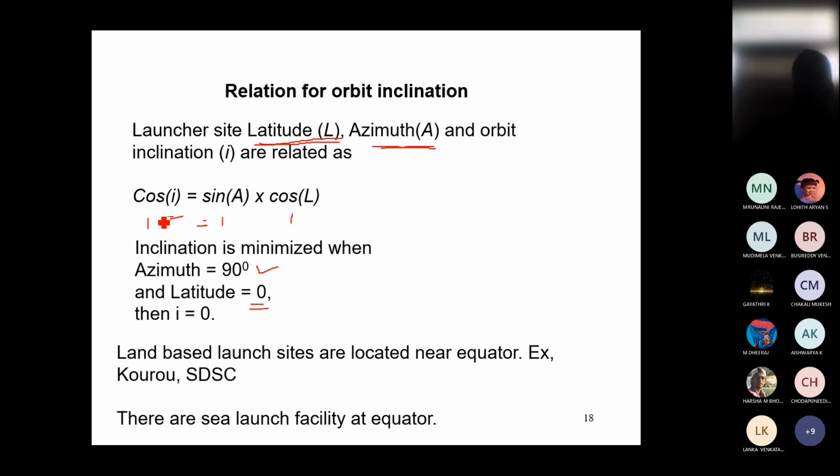So since we are launching into the geostationary orbit, when we launch the satellite from the equator at an azimuth angle of this, then we can launch the satellite to an equator. So we can launch the satellite into GEO orbit or geostationary orbit. Okay.